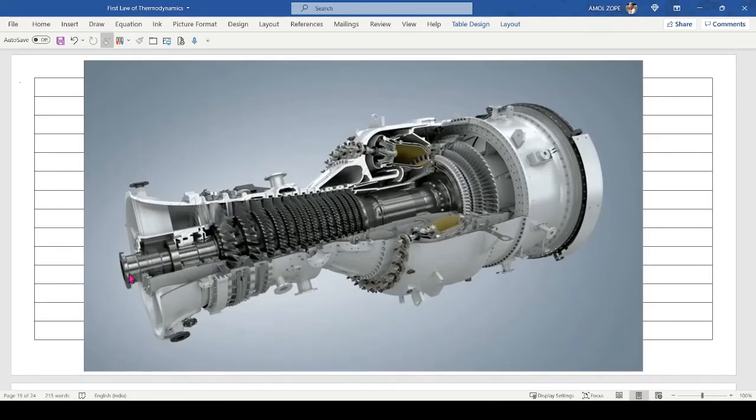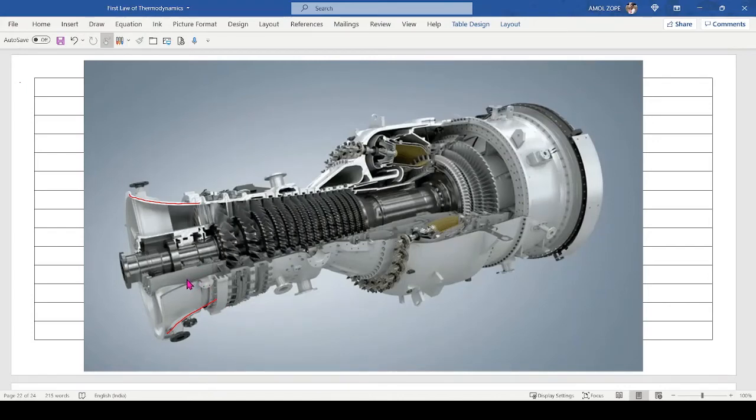Okay, so look at the mouse cursor. So this is a shaft, a common shaft. Onto this common shaft, at the entry, look at the shape. Okay, it is a converging shape.